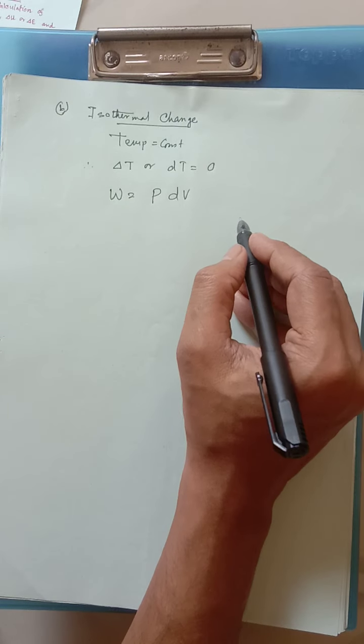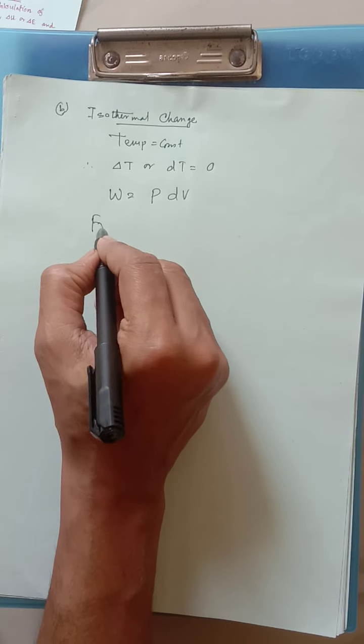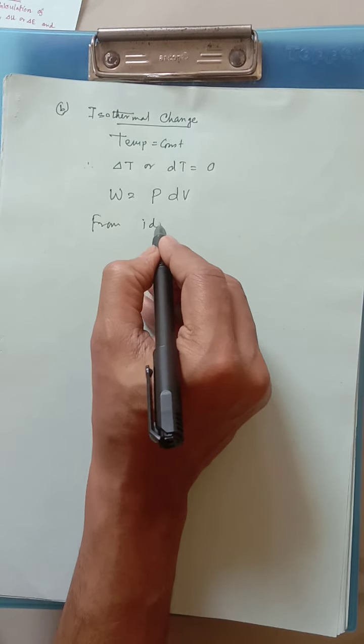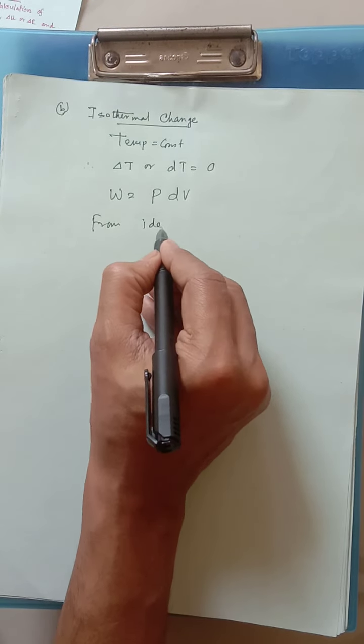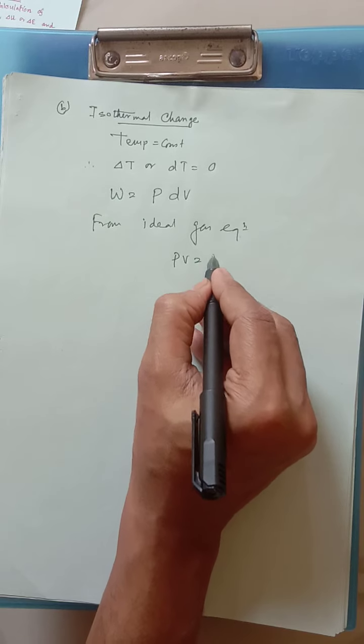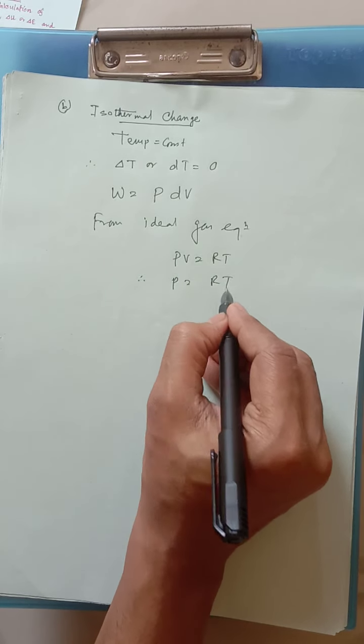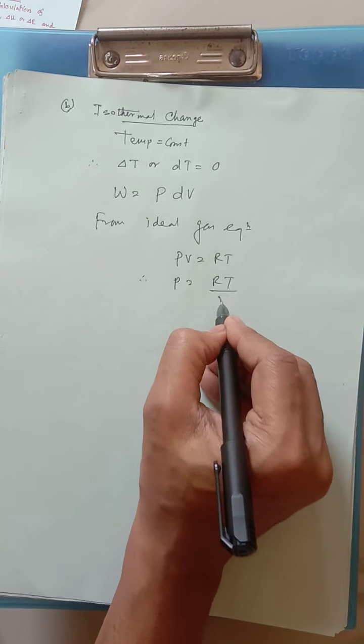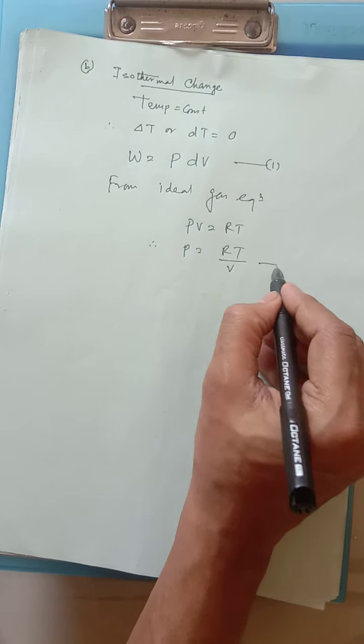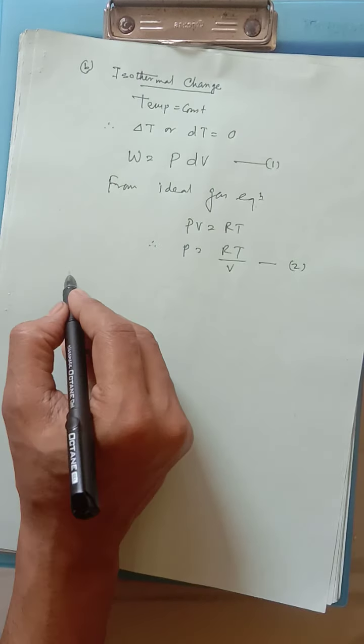Now what we can write from the ideal gas equation, PV equal to RT. So in place of P we can write RT by V, right? If you consider it is equation number 1 and it is equation number 2.